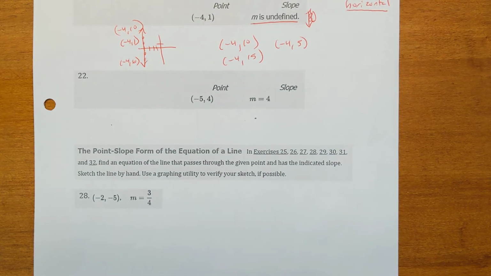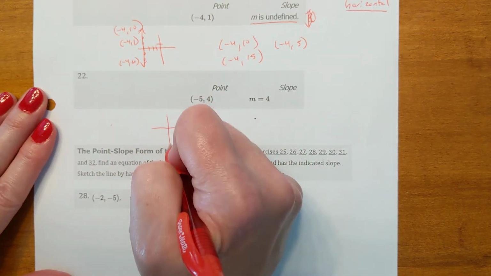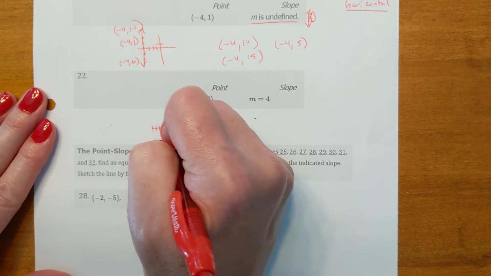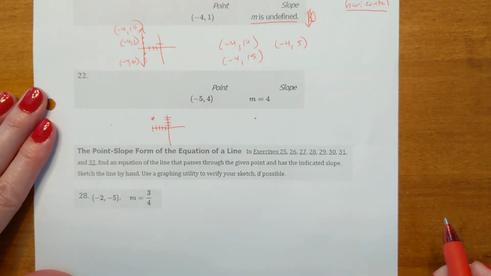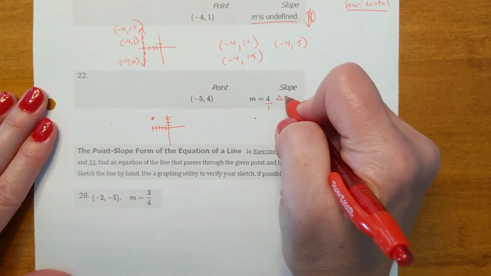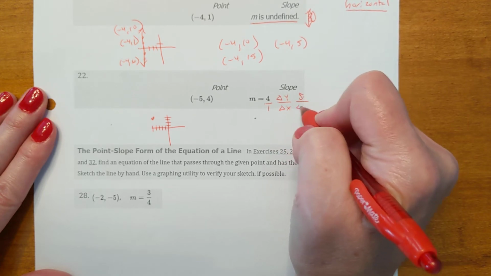Okay, same question on the next ones. Again, it helps to draw a picture. So drawing a picture, we're going through the point -5, +4. And then it's got a slope of 4, so it's 4 over 1 since it's not over anything. Remember, slope is the change in the y over the change in x, or the rise over the run.